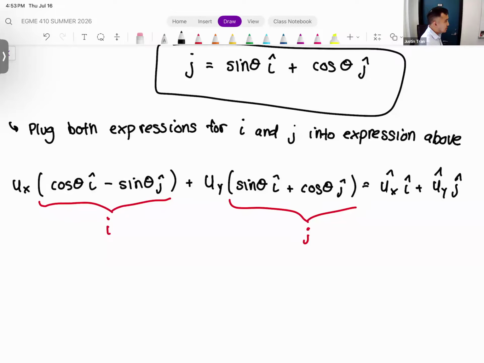All right, so we've essentially eliminated those variables, which is good. Next, we're going to do a little bit of algebraic manipulation. We're going to take the left-hand side of this equation and group the terms together, according to terms that are multiplied by i hat and terms that are multiplied by j hat.